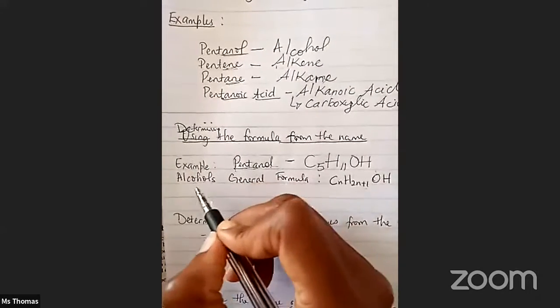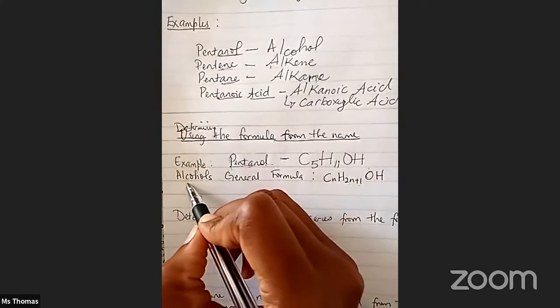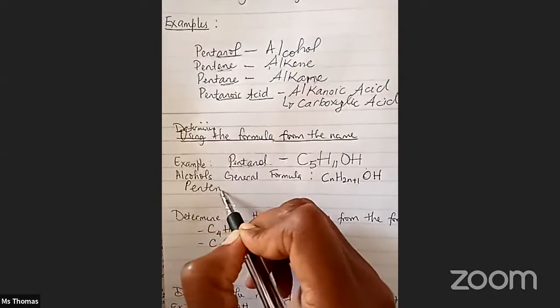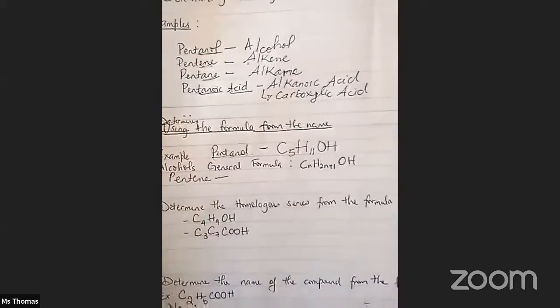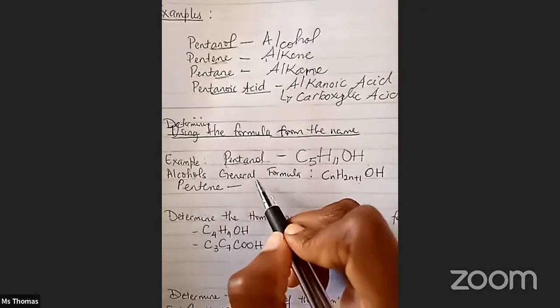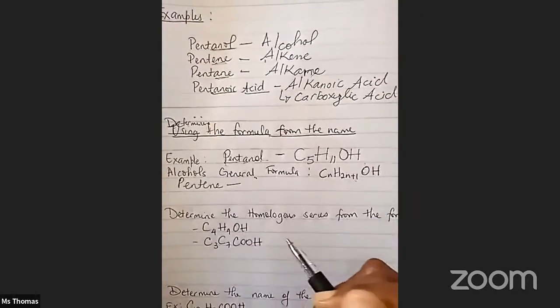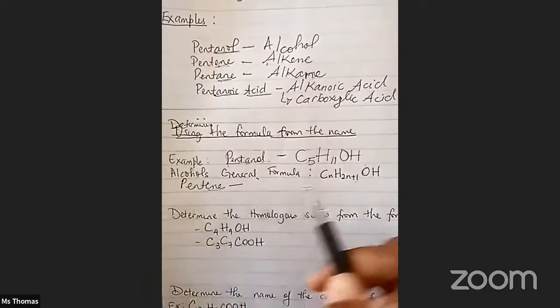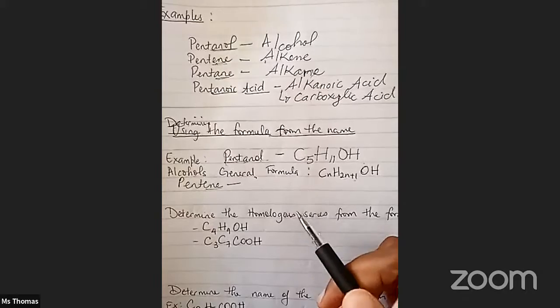Let's look at another one. Let's look at pentene. Who can tell me what pentene looks like? Pentene is from which homologous series? Alkene.